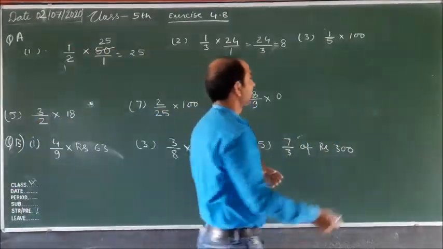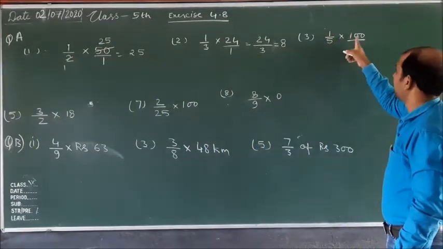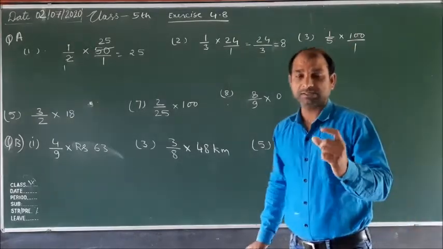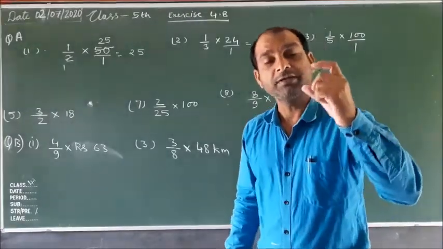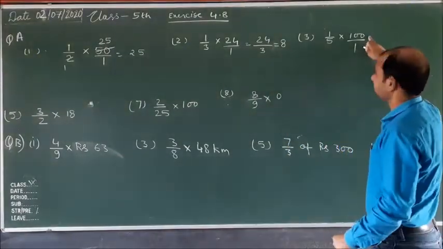Next question, 1 upon 5 multiply by 100. So we do the cross multiply, means we divide 5 by 5 and 100 by 5.